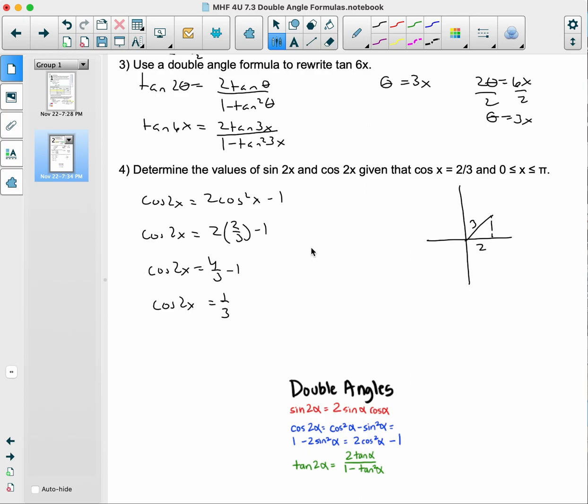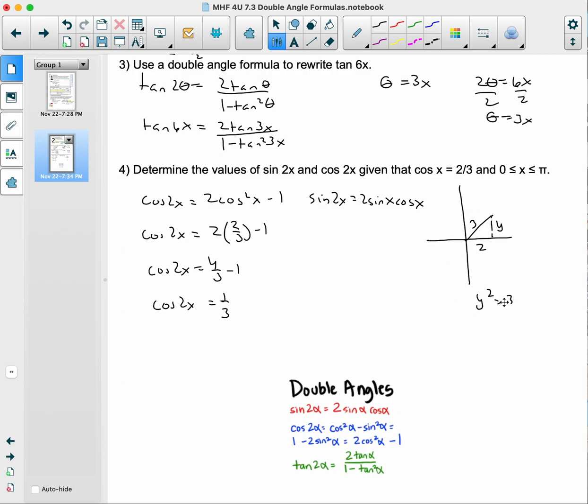Now, to do sine 2x, we need to know both sine x and cosine x. Right now we only know cos x, but we can find sine x because remember we can use the Pythagorean theorem, right? Because we're just trying to solve for y.